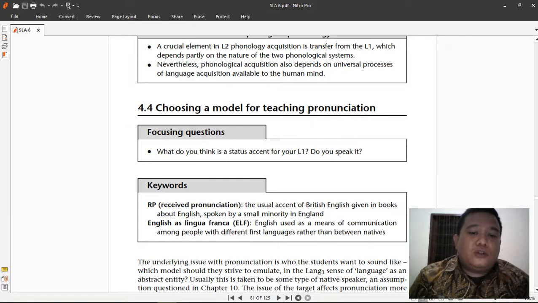Received pronunciation, the usual accent of British English given in books about English, spoken by a small minority in England. English as a lingua franca: English used as a means of communication among people with different first languages rather than between natives. So this is still about people who use English in their country.